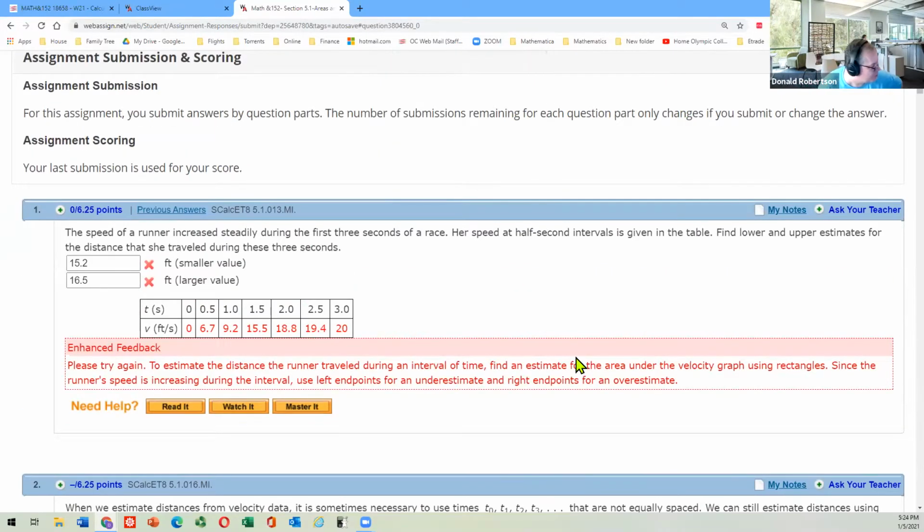But it does give you some help, and you can do things like watch something, master it, read it. You get 3 shots, and then it's over with. Now, normally, that's not a problem. In this week's work, all this number crunching that I'm talking about is typically not that difficult to do.